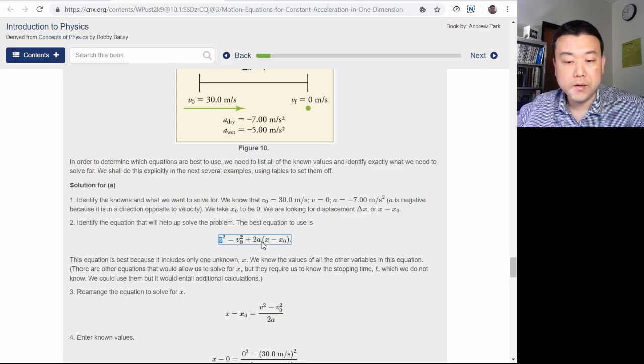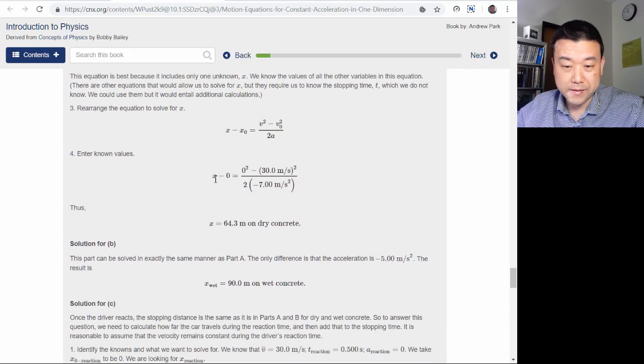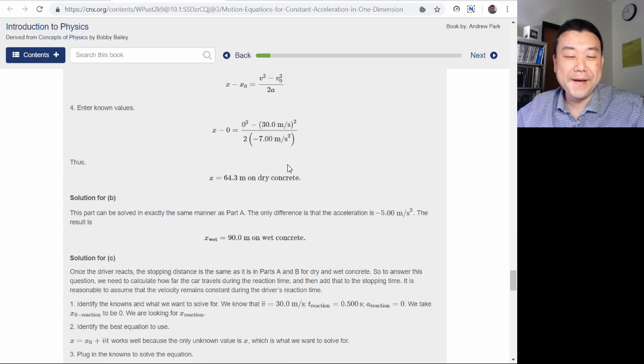And the acceleration, you are given that you should use a negative version of the number. And that indicates that your acceleration is in the opposite direction to the displacement. And you'd be solving for the displacement, x minus x naught. The example actually does work through that, so you can follow that. And this is the formula where you plug in the numbers.